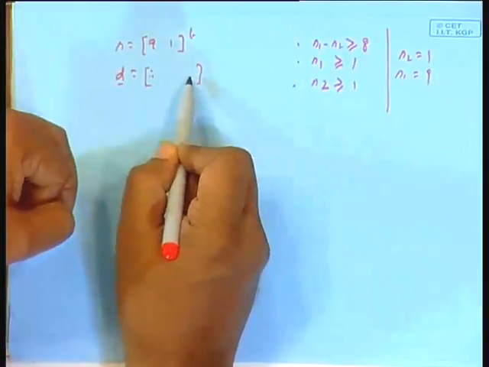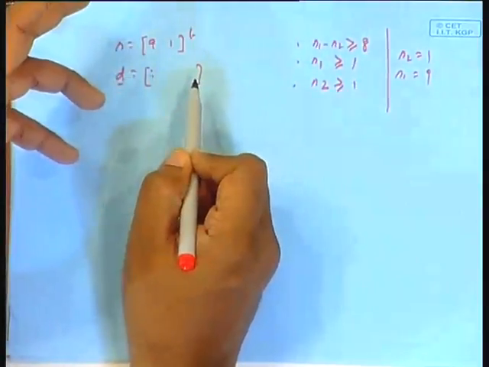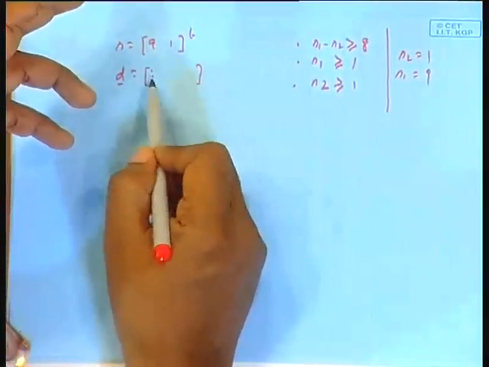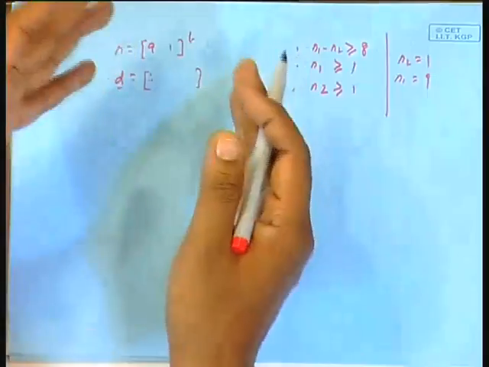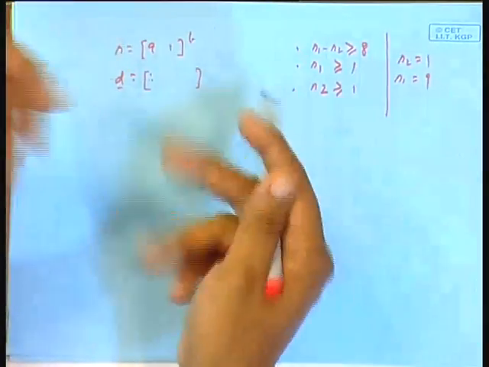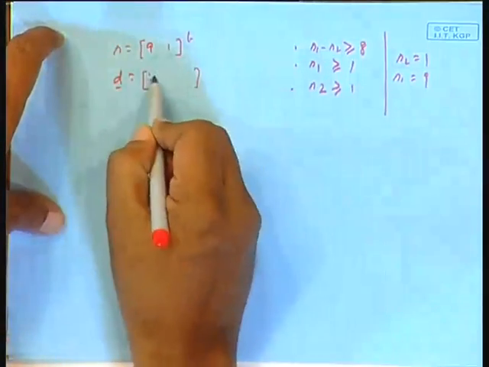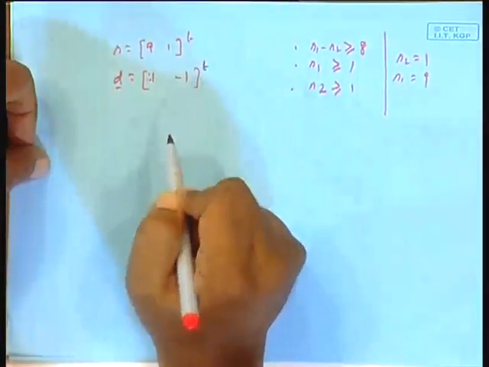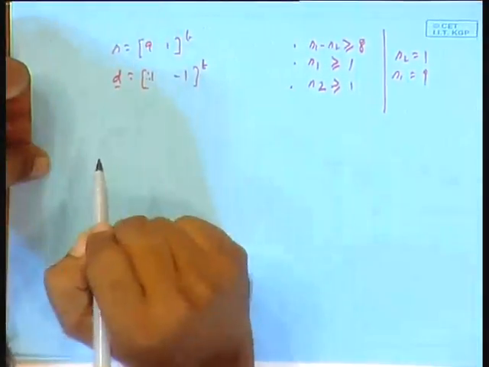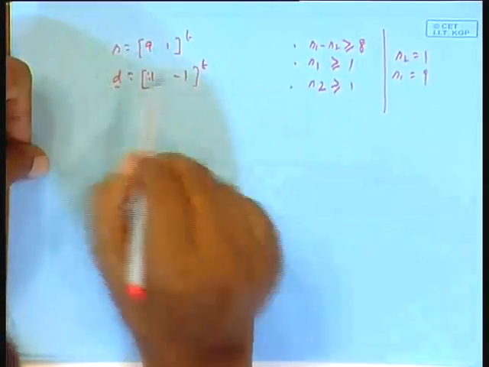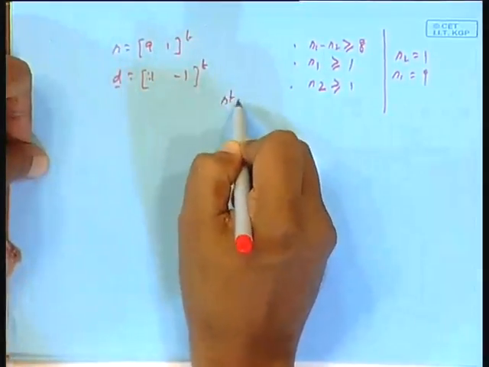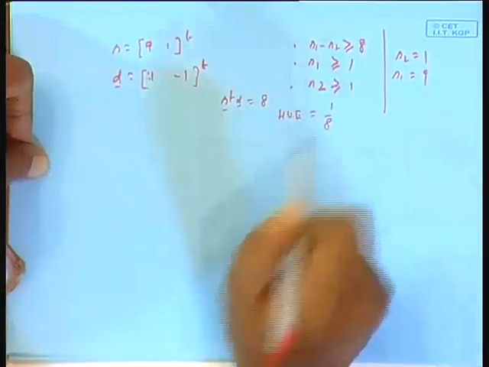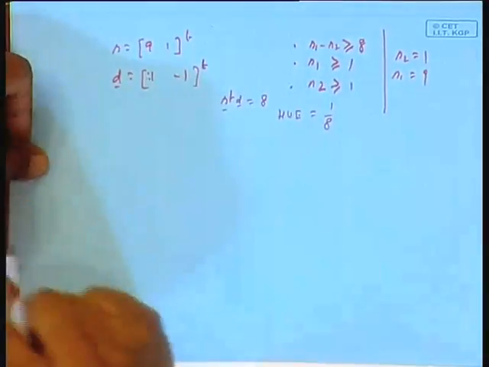Then S transpose D is 8. 1 minus 1 or minus 1 1 does not matter because you have to take the mod, so mod 8 or minus 8 does not matter. I do not know why, maybe for the sake of example he takes this. Once you choose D so that S transpose D is not equal to 0, here it is 8, so HUE is 1 by 8, not much.